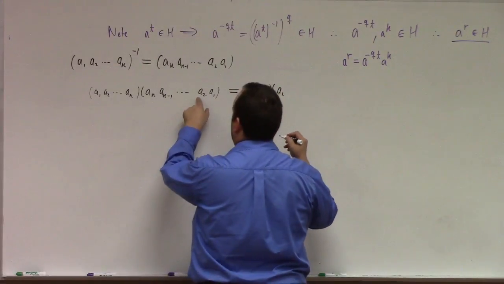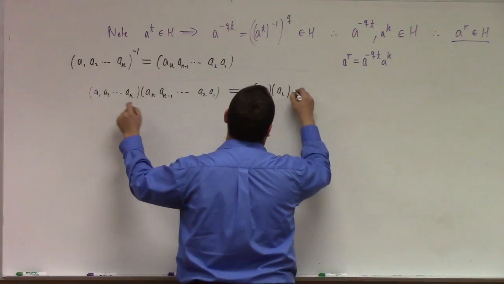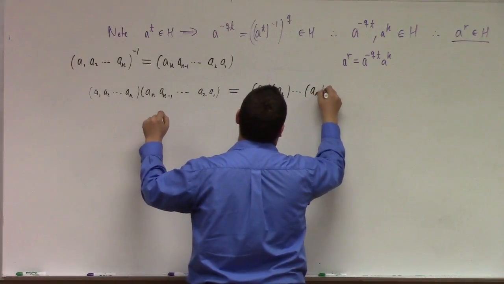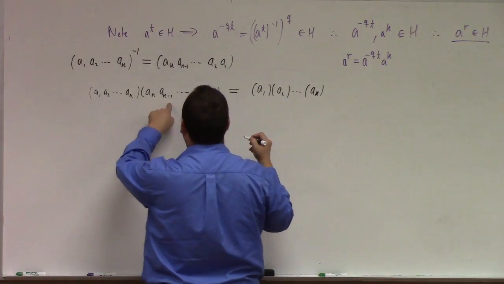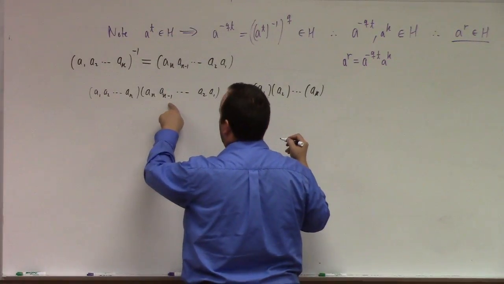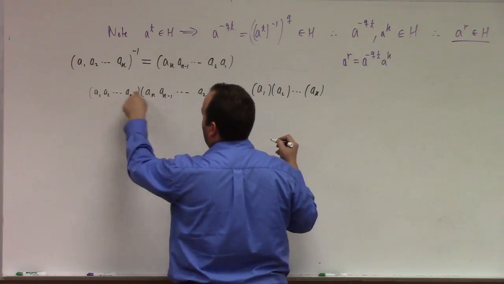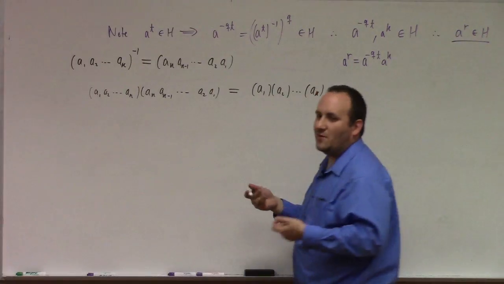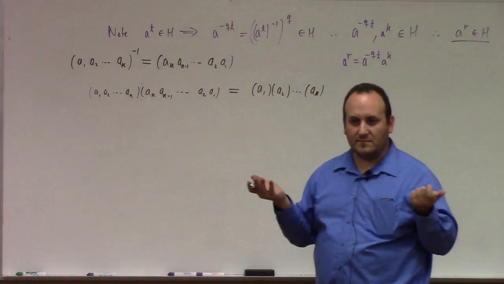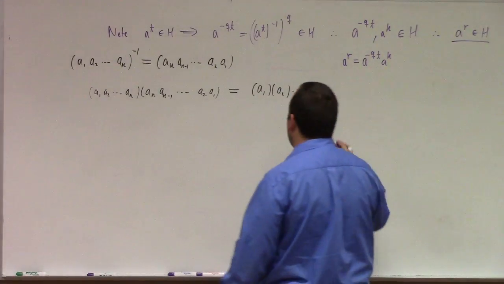Then A2 goes to A1. A1 goes to A2. Eventually we'll get to AK. AK goes to AK minus 1, and then where does AK minus 1 go? Back to AK again. Now, to prove that carefully, I should do induction, but we got 5 minutes, so I'm just going to leave it at that. Here's an engineer's proof of it.